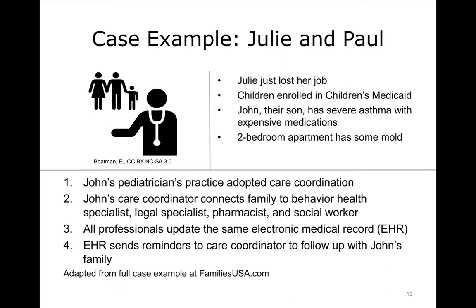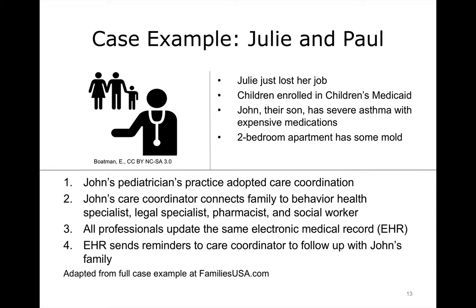The care coordinator connects John to a behavioral health specialist to discuss why he might be having trouble sleeping, legal services to address the family's trouble with their landlord, a pharmacist to discuss if there are more affordable pharmaceutical interventions, and a social worker to connect the family with other community benefit programs they qualify for to try to lighten the strain on the family budget.